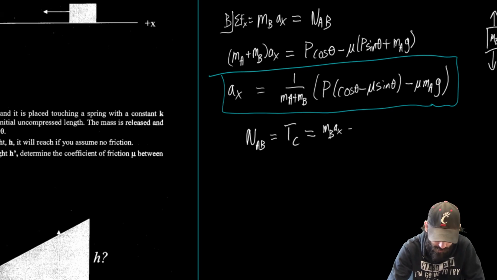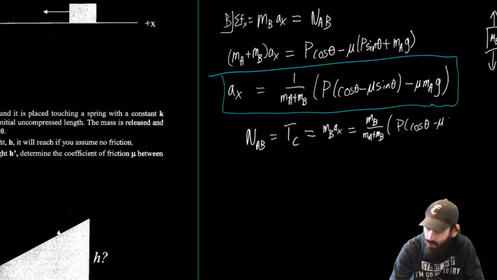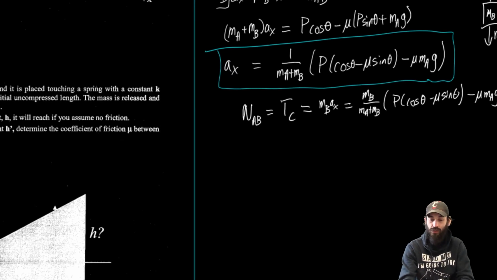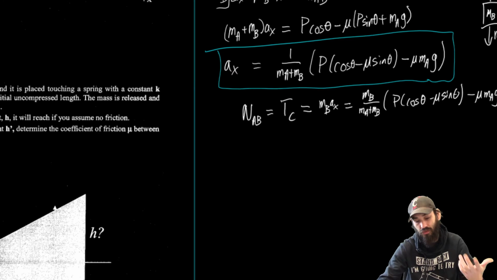So this is going to be equal to mB over (mA plus mB) times P times (cosine theta minus mu times sine of theta) minus mu mA g. Okay, so now what we want to do is solve this for P, because we need a condition for P.